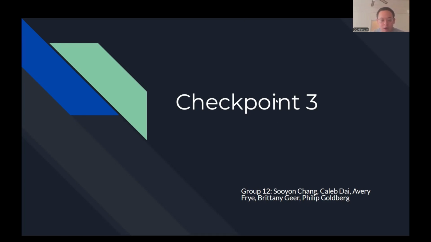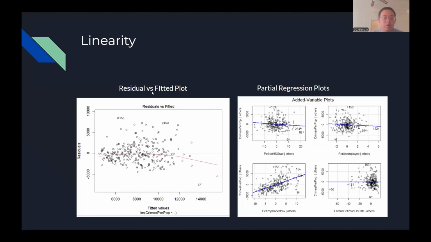On to our first test, which is linearity, on the next slide. We see the residual versus fitted plot. In this case, we're comparing the y variable with the other x variables. So this is the MLR without any interactive or exponential terms.